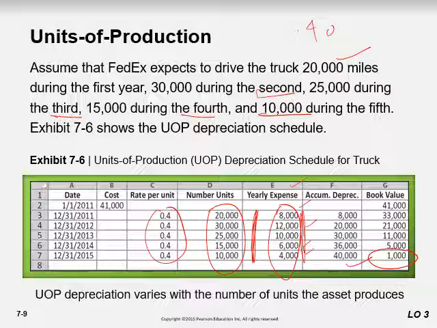In some years it is higher, in some years it is lower. And you see the cumulative depreciation, and at the end you fully consume the asset and the remaining value is 1,000, which is also our salvage value, right? So unit of production depreciation varies with the number of units that the asset produces.